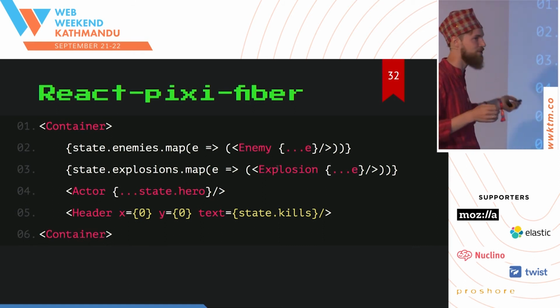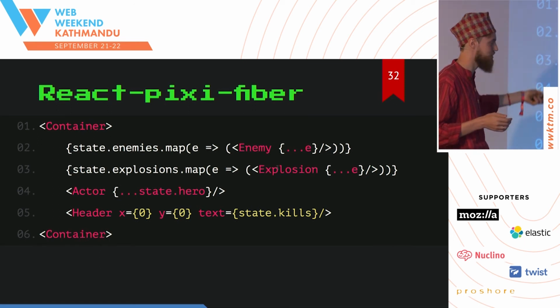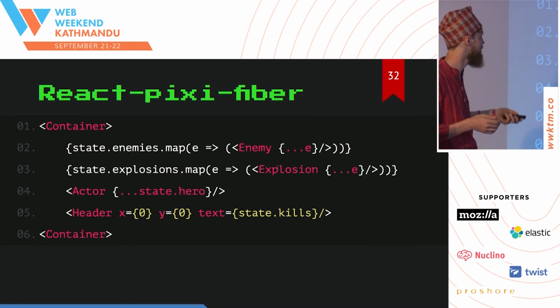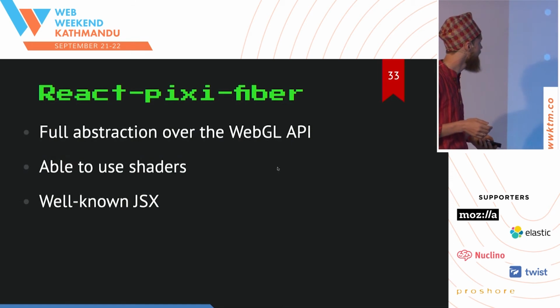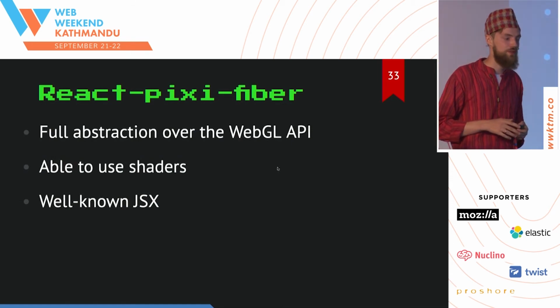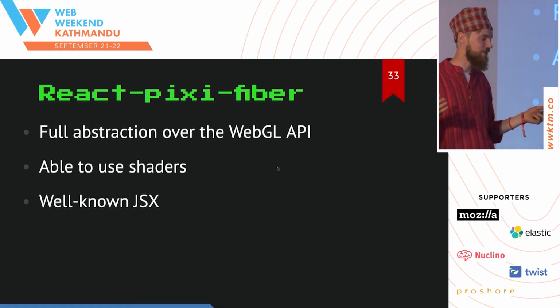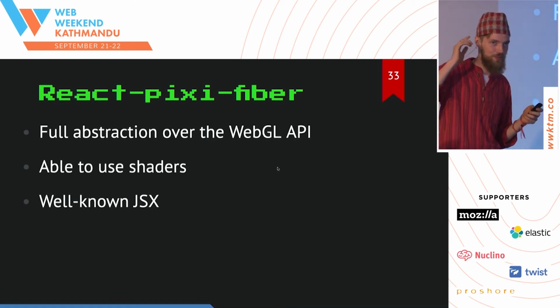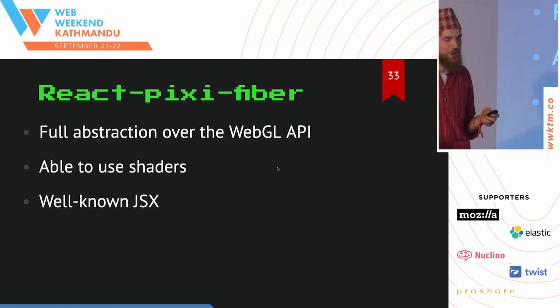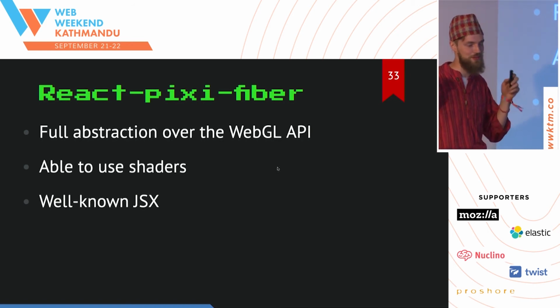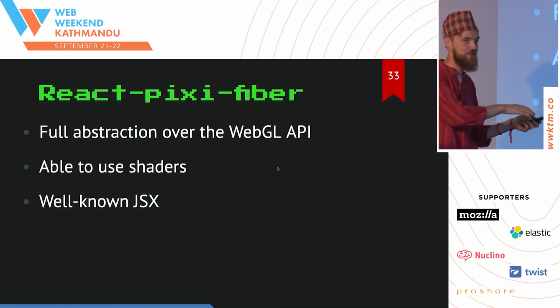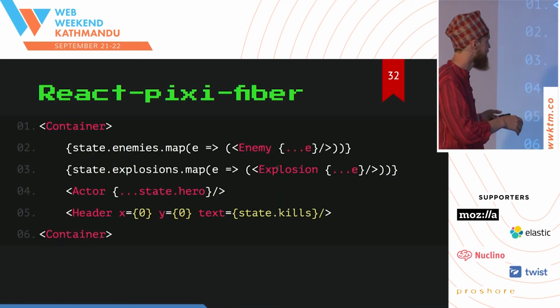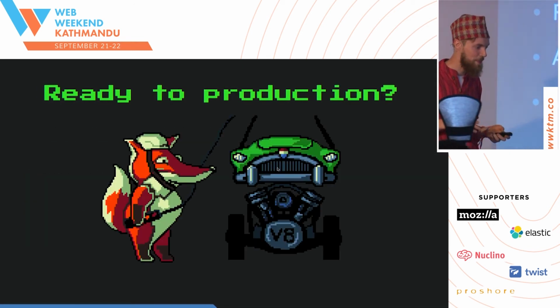It looks like everybody can read this code and understand what actually happens in it. And we get a full abstraction from the WebGL API. It's pretty simple for us to not think about redrawing, about matrices and so on, but sometimes we may need shaders. This game was without shaders.